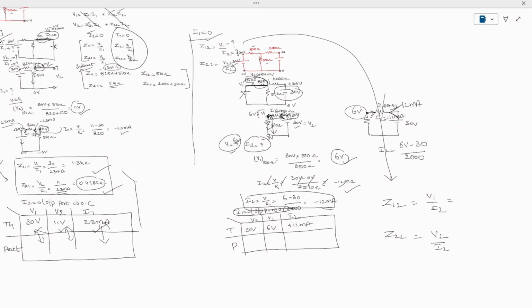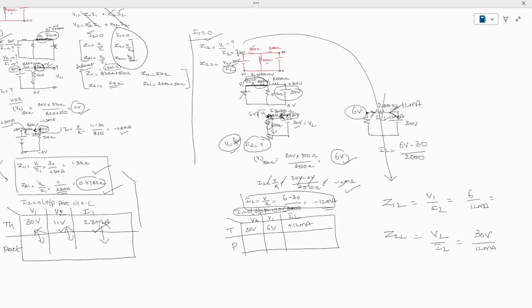The value of V1 is 6, divided by I2, which is 12 milliamperes. The value of V2 we applied is 30 volts, divided by I2, 12 milliamperes.